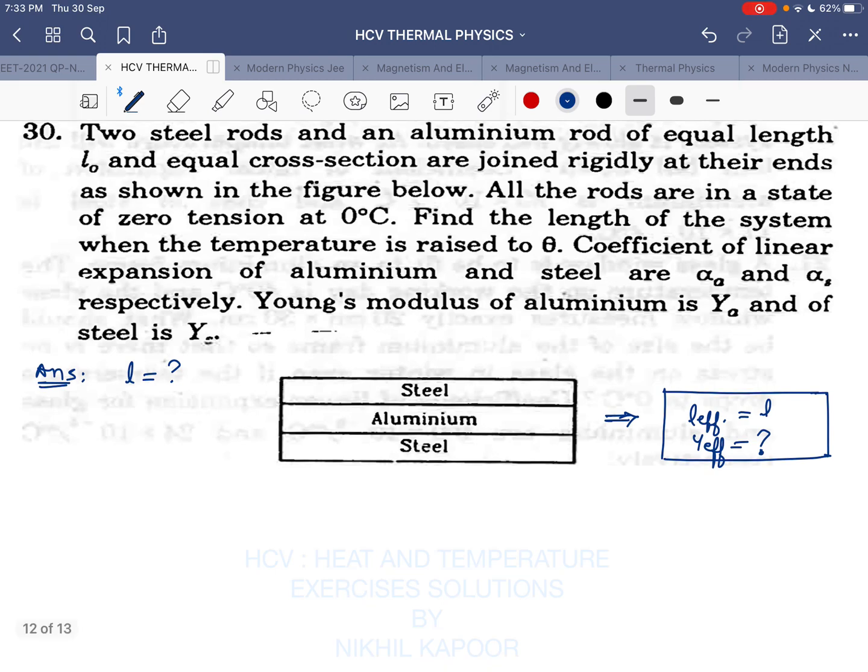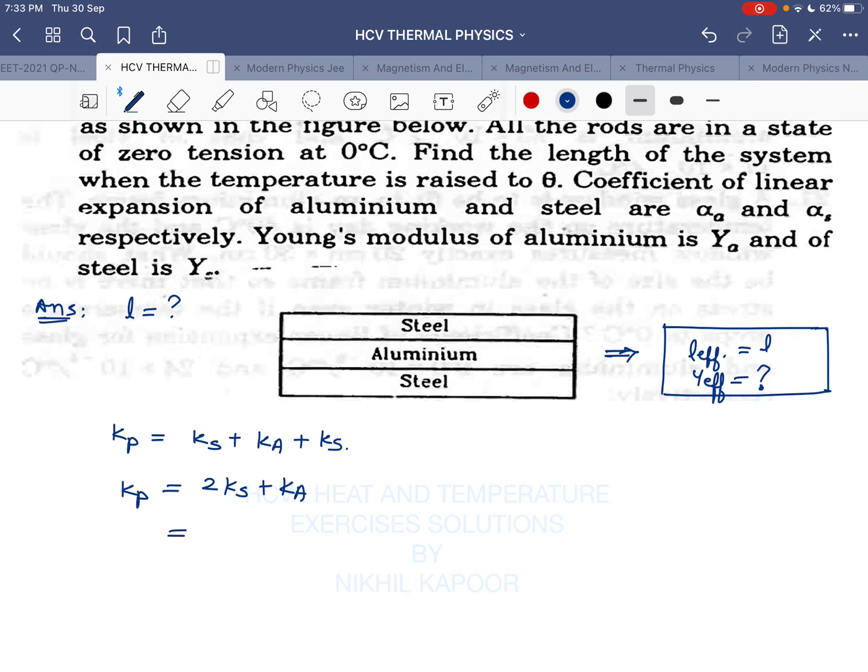the strain developed. So as you can see here, the rods are connected in parallel, and in parallel the equivalent K would be equal to K for steel, K for aluminium, and again K for steel, which is twice of K for steel plus K for aluminium. And we know that K for a rod is given by Young's modulus into area of cross section upon original length.